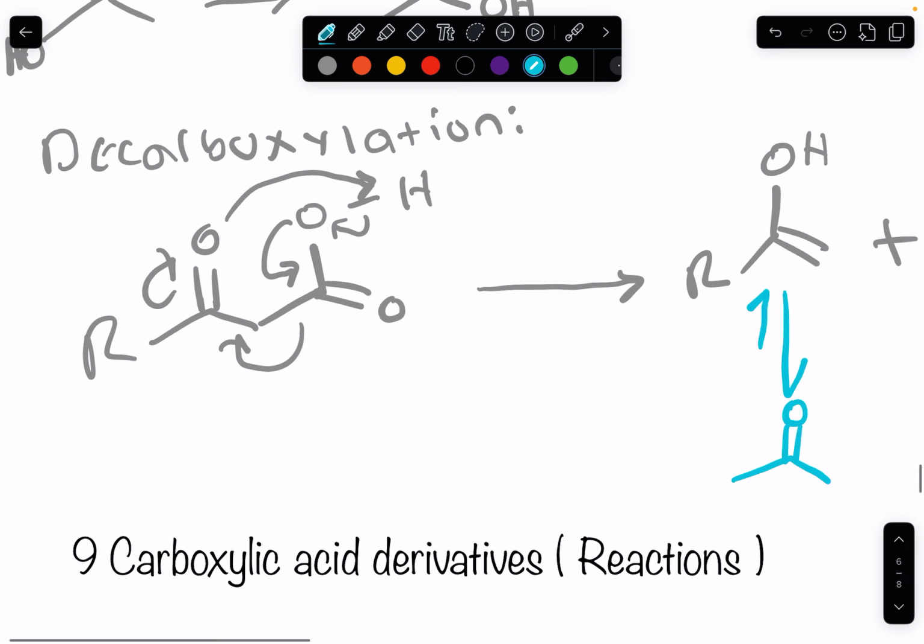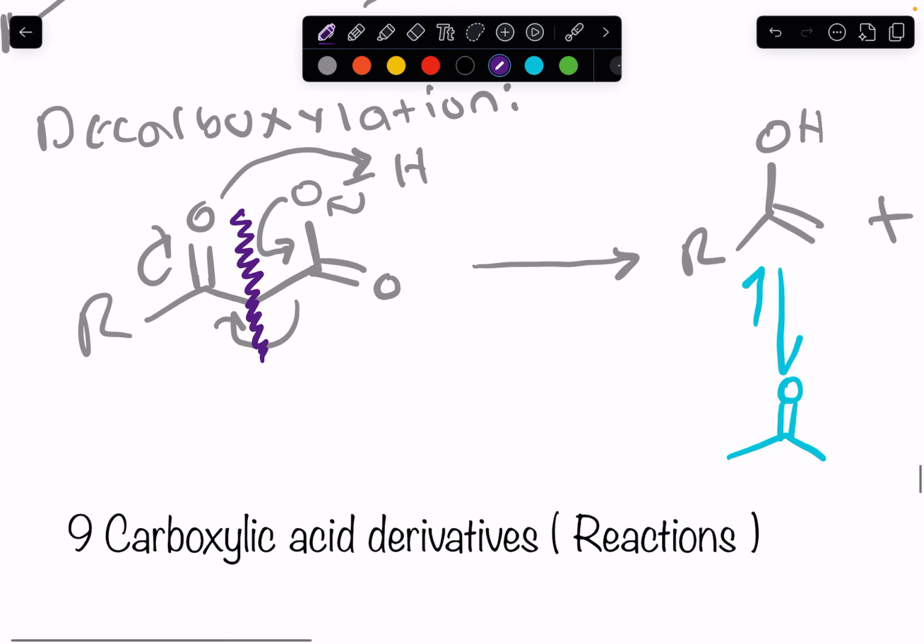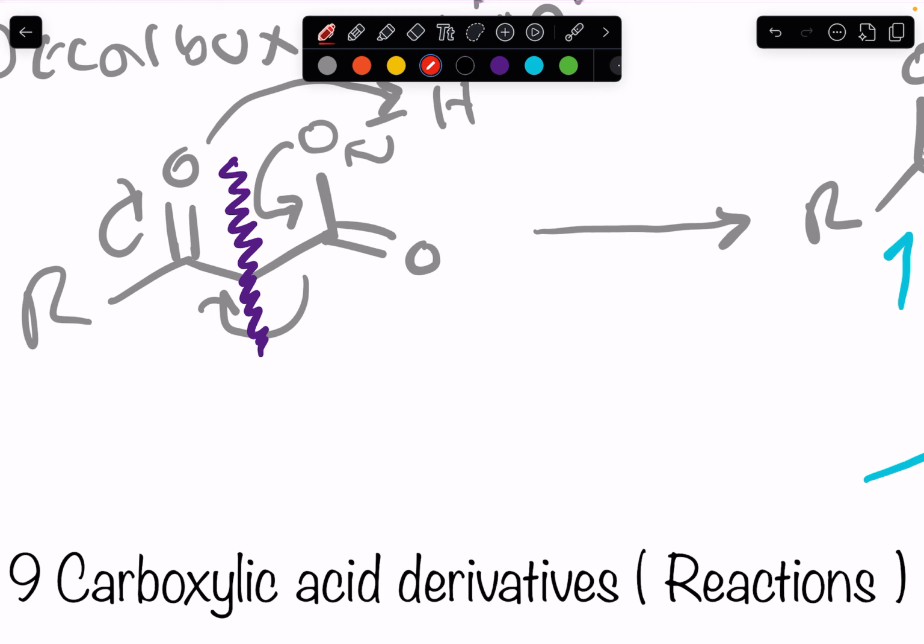So what's pretty much happening is you're cutting your bond here. Do you see how here I did this? So that's where you broke the bond. So you put a double bond there. And all of this happens in one step, by the way.